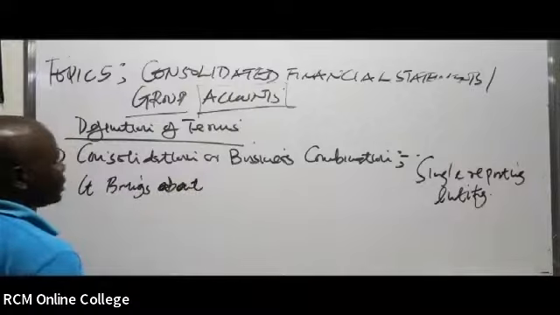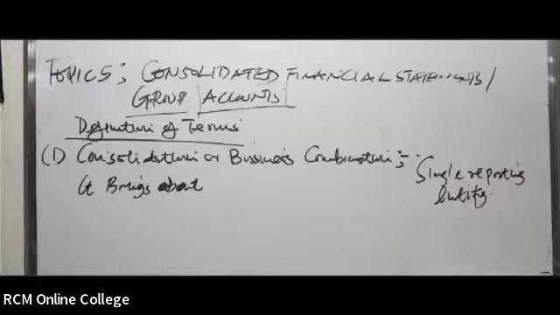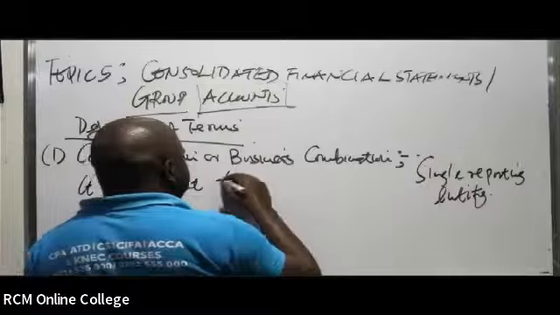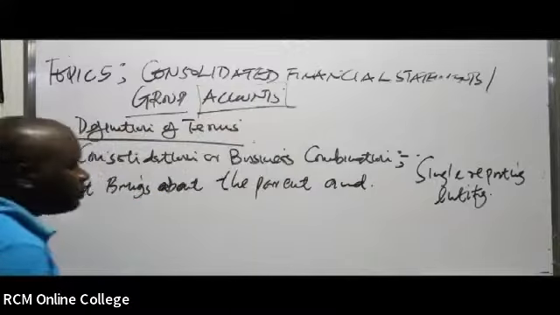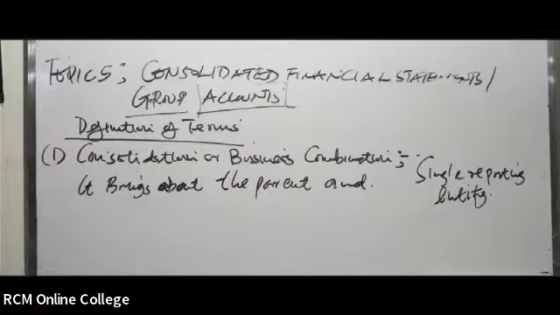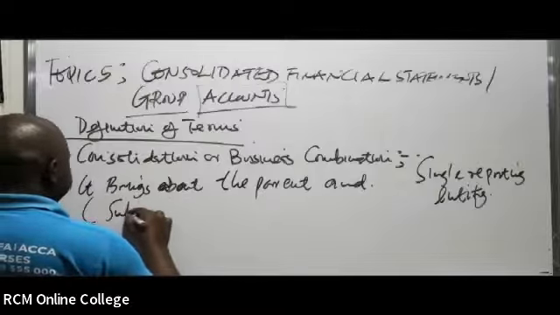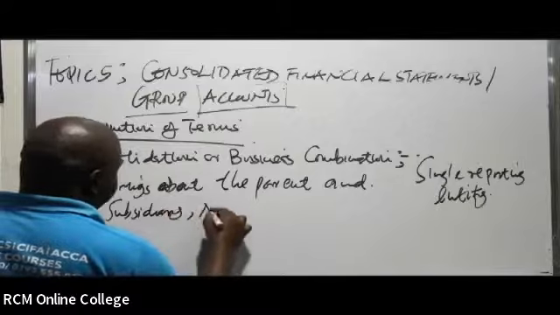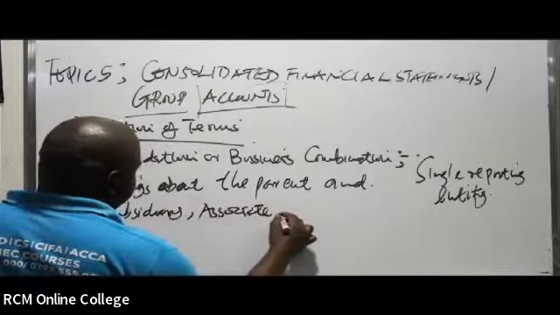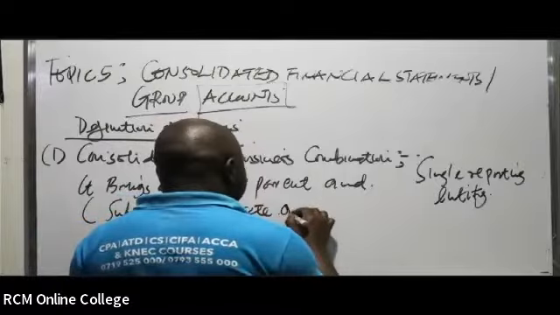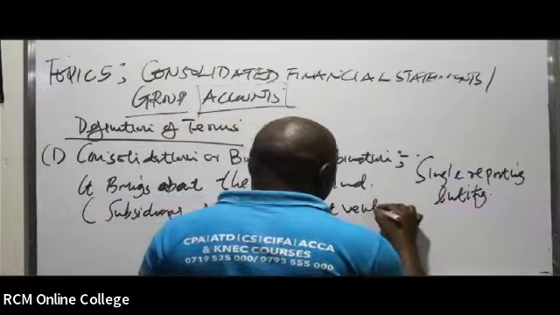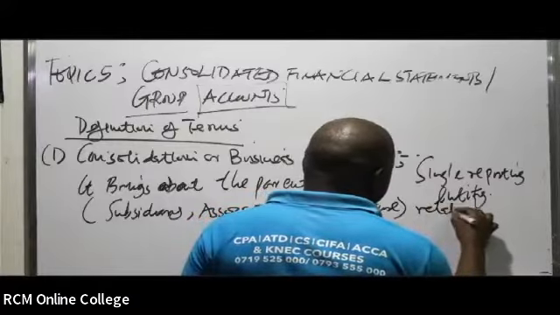Then you write, it brings about the parent and, in brackets, subsidiary, associate, or joint venture relationship.